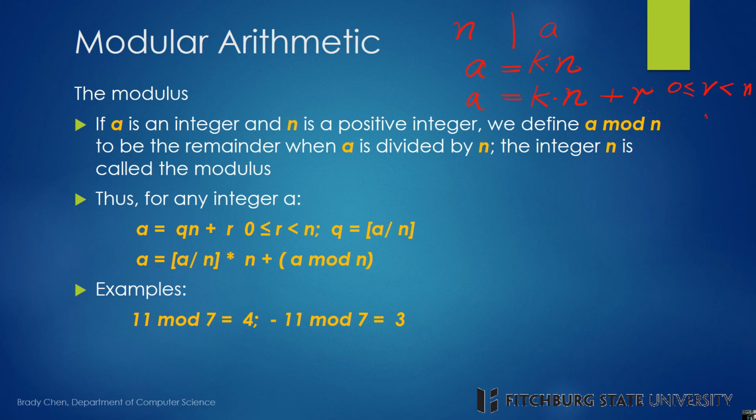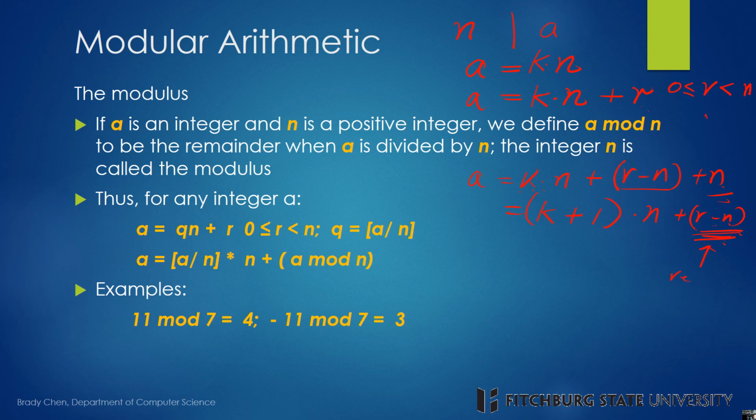So, for example, if r is greater than n, then we can say a equals k times n plus r minus n, because that one is still greater than or equal to 0. Then we can combine this n with the first term, so we have k plus 1 times n plus r minus n. If r minus n is less than n and greater than or equal to 0, that's the remainder.